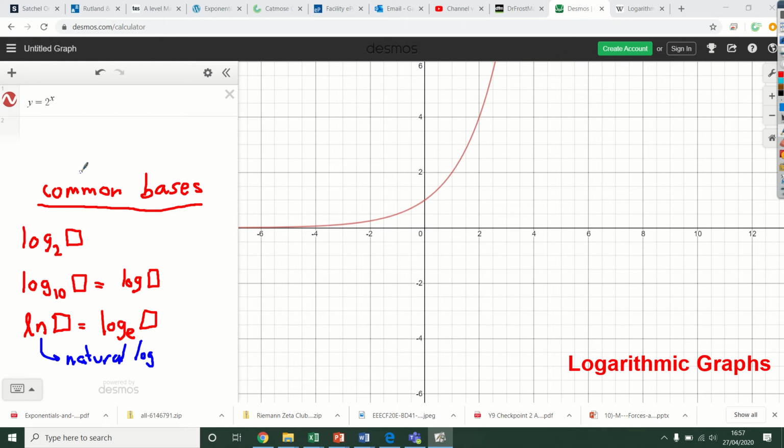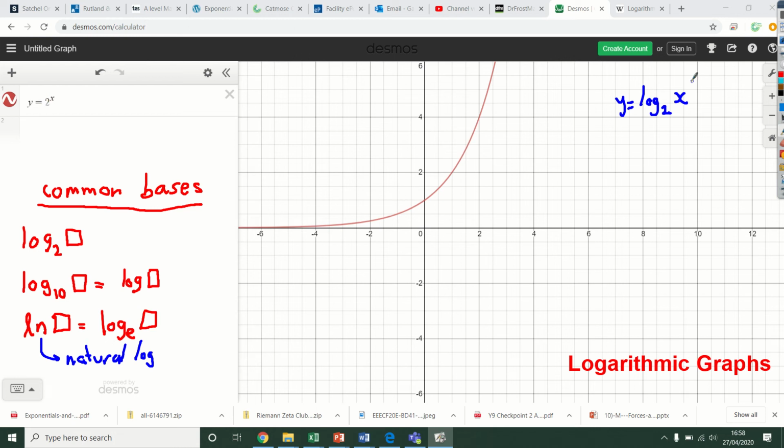So keeping those in mind, we're going to look at the graphs of these things. Okay, so I'm going to start with the graph of 2 to the x. We're all familiar with the shape. If I want to plot log base 2 of x, then this is the inverse function to 2 to the x, okay?